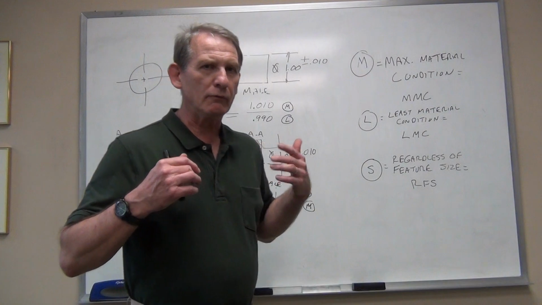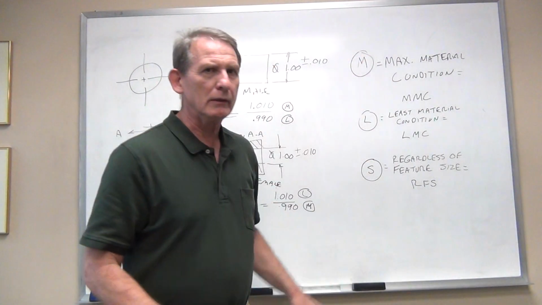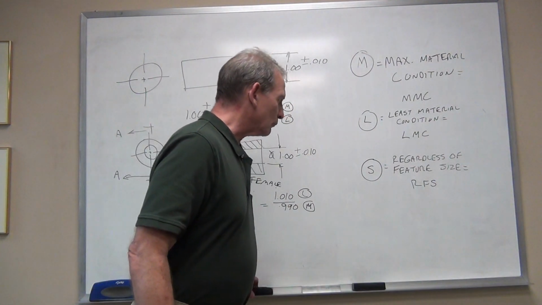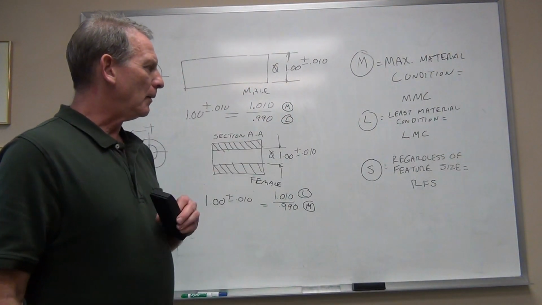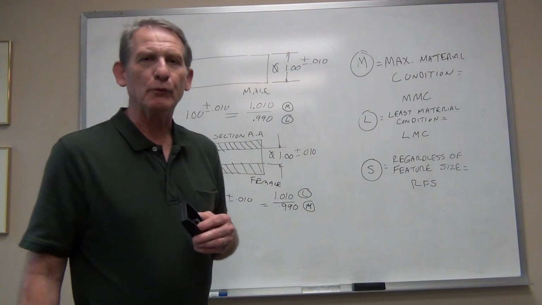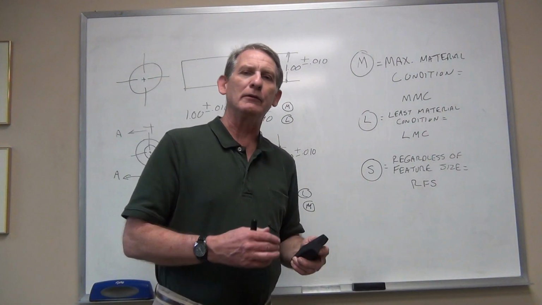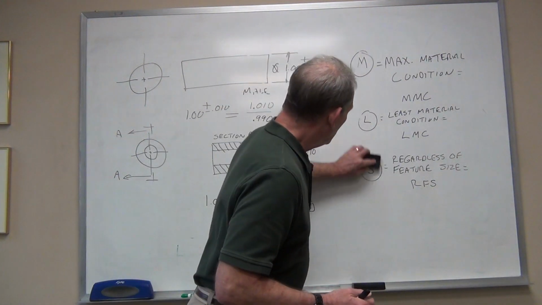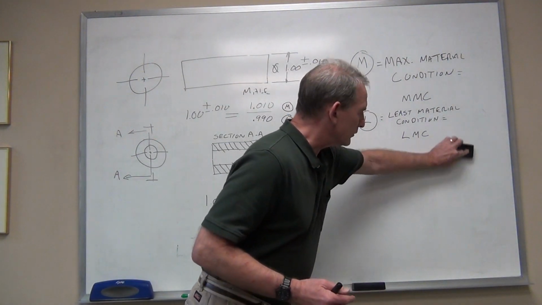So that is the equivalent of not putting one of these two in the feature control frame. So some wise person realized that we really don't need that symbol. If we don't put it there, that means that you don't get any modification. So only in old drawings are you going to see that.